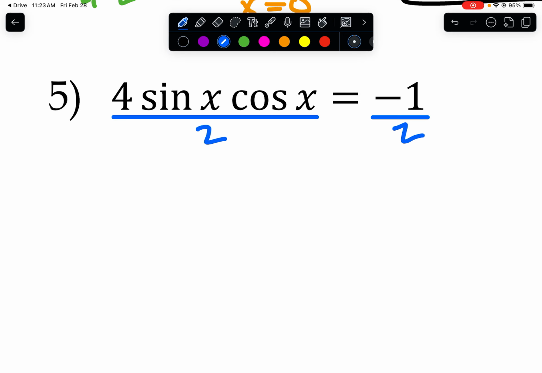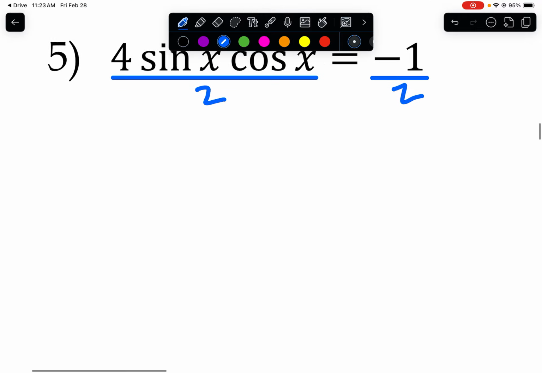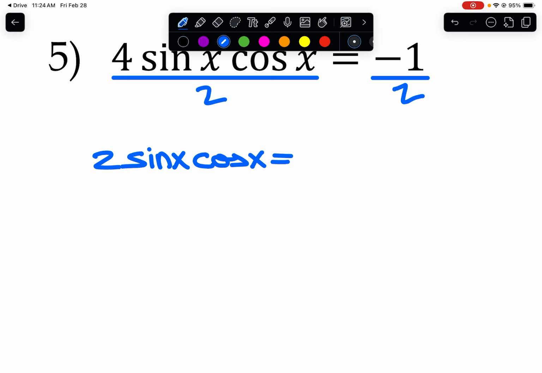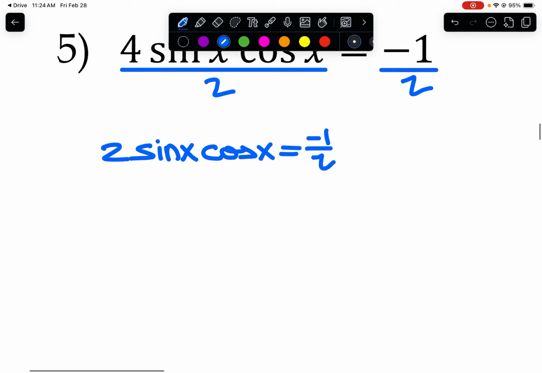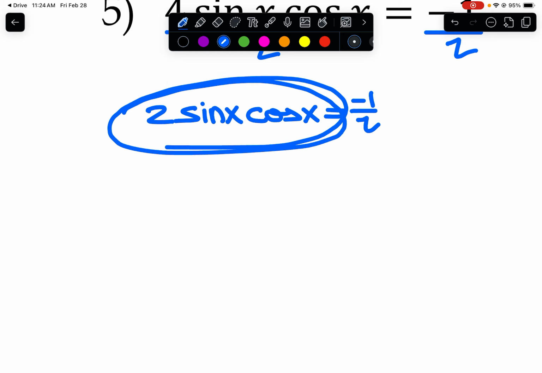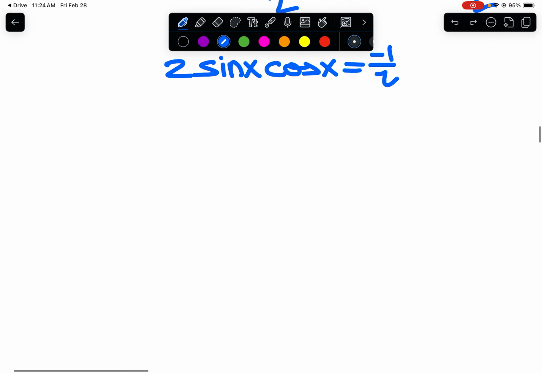I know typically we see this when we want to divide by 4, but if I divide by 4, I still don't have any identities that I can use, so dividing by 2 is going to be your best bet. That's going to leave me with 2 sine x cosine x equals -1/2. And now that I have an identity on the left side, I'm going to rewrite this as sine of 2x equals -1/2.